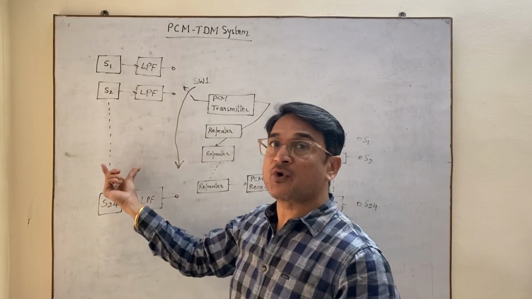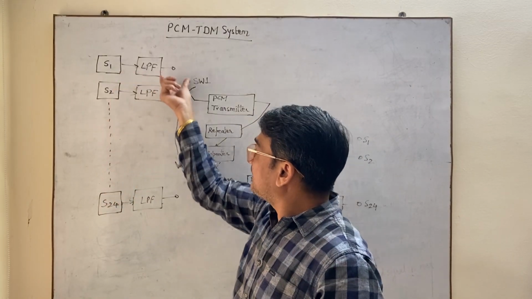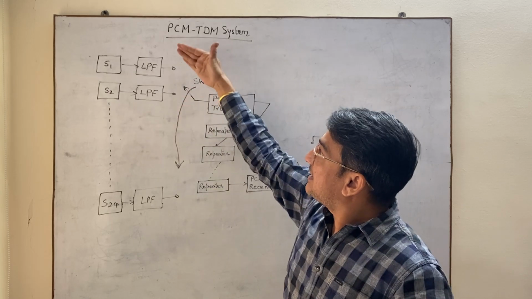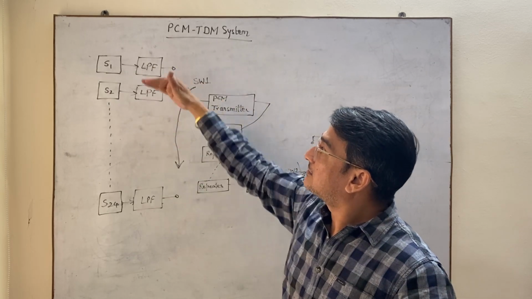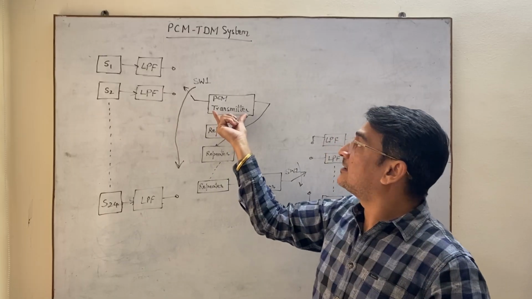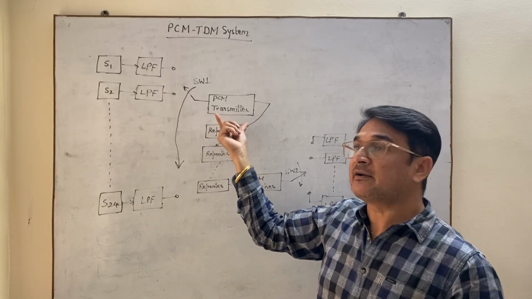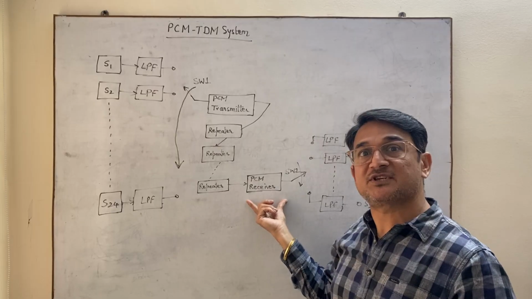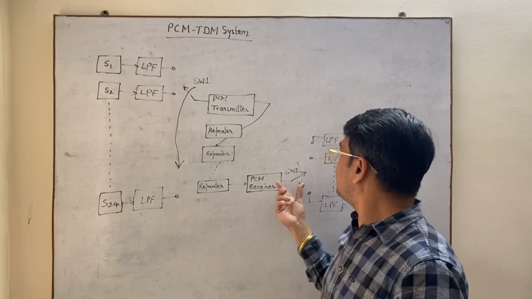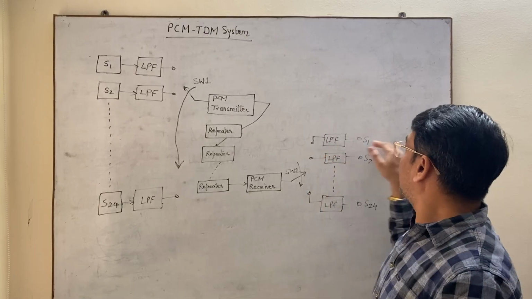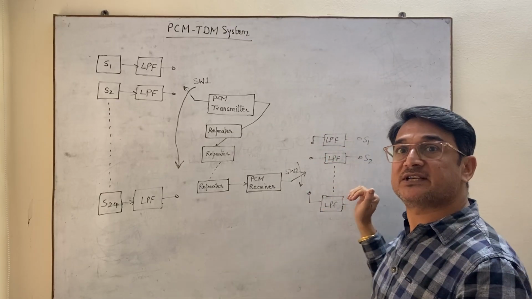So these 24 voice channels will be transmitted. This is a commutator switch which is connected to all the voice channels one by one, and these signals are then pulse code modulated and transmitted with the help of repeaters. Then this PCM receiver receives those signals, and they are decommutated and received separately.